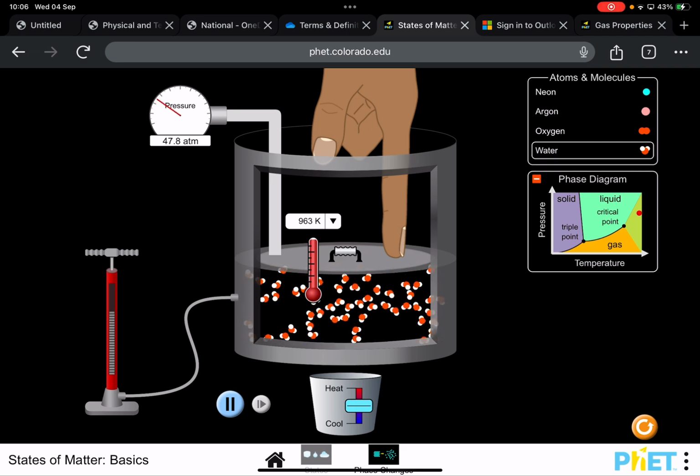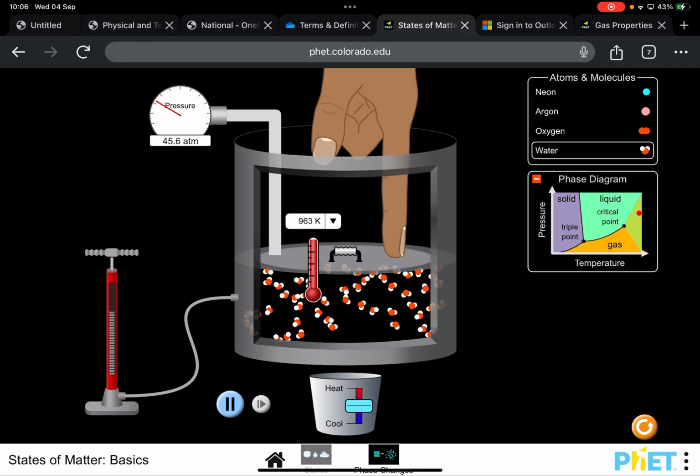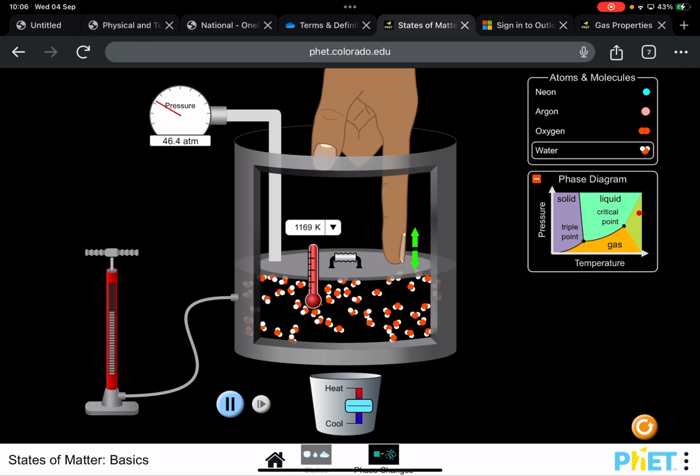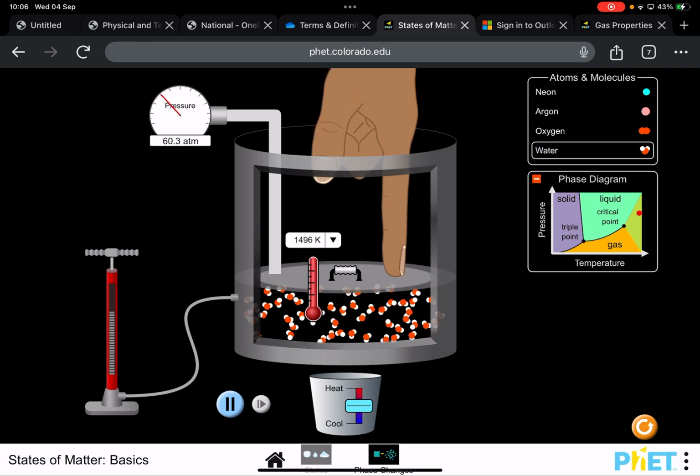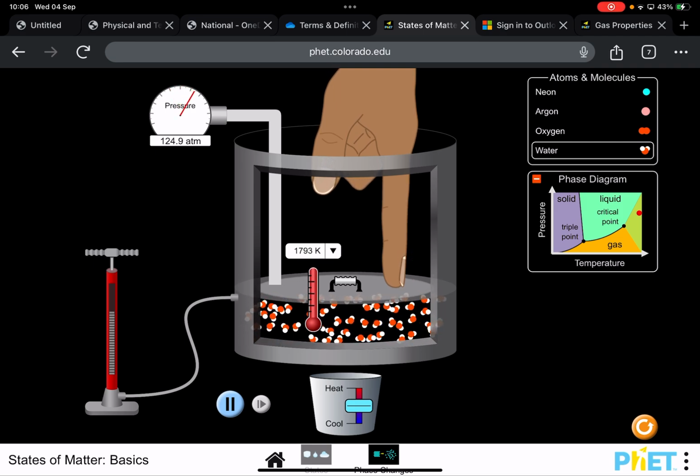Okay, yeah, it's gonna pop again. I want to show something, but it doesn't want to work that nicely. Okay, you can see that if you close the volume, the temperature goes up, there's higher pressure.